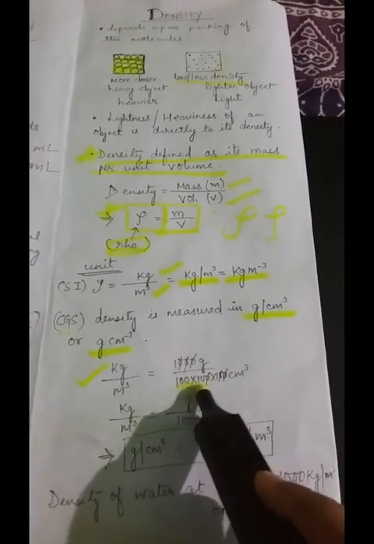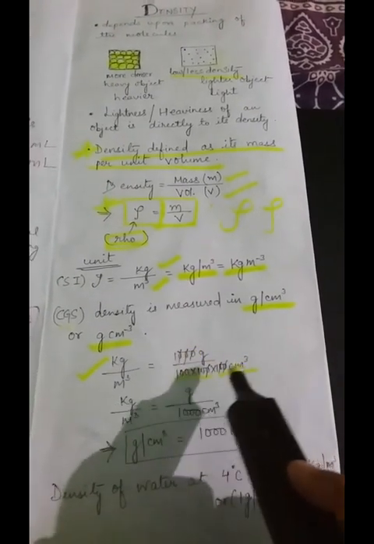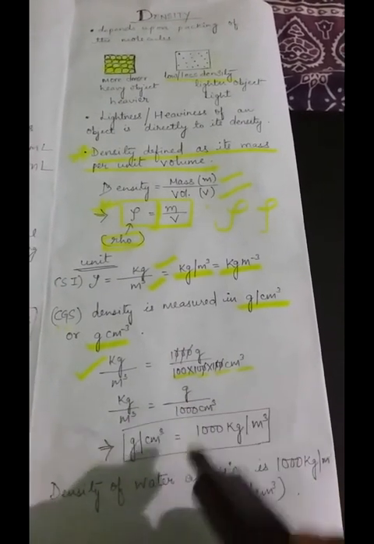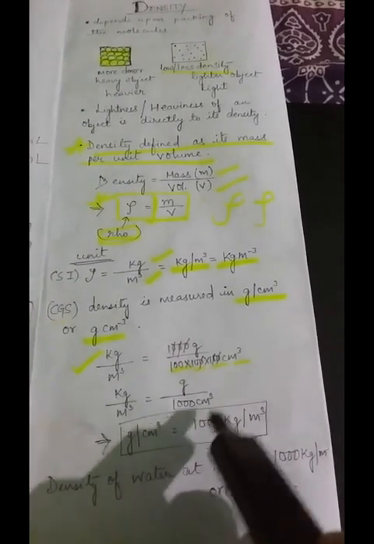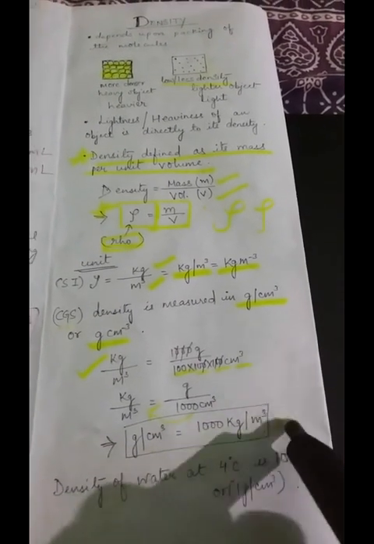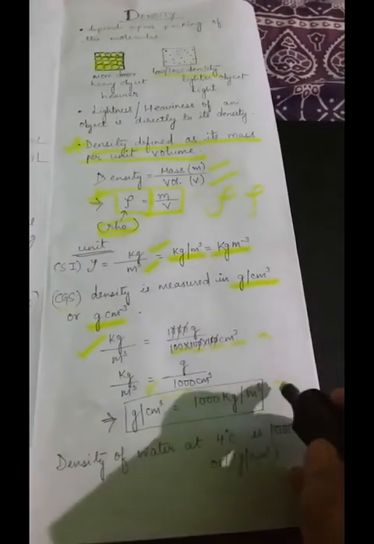So we get 100 into 100 into 100 centimeter cube. Now if we do the cutting, 3 zeros will be cut and you will be left with kg per meter cube is equal to gram per 1000 centimeter cube. And by simple linear equation, if you transpose this 1000 to this side, you will get gram per centimeter cube is equal to 1000 kg per meter cube. This is a very important relationship which you have to learn.